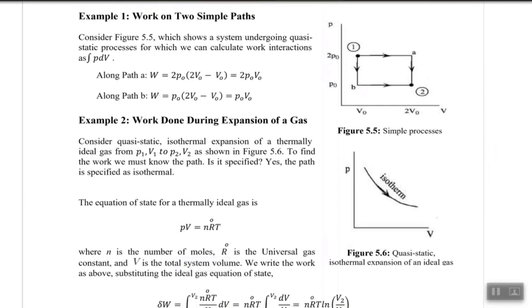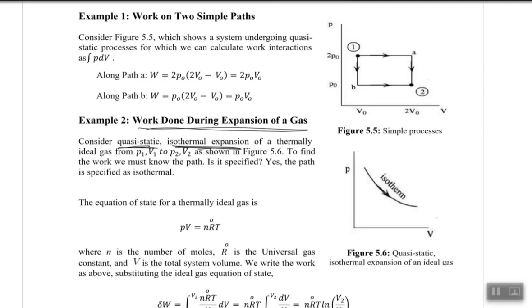Let's go to another example, example number 2, and that is the work done during the expansion of gases. Let's say expansion of gases, and consider quasi-static isothermal expansion. So the process is quasi-static.